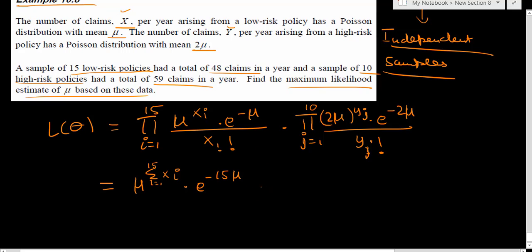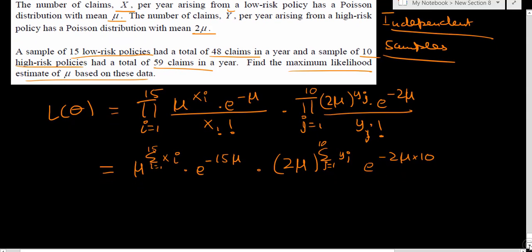Similarly, into 2 mu whole to the power of sigma j going from 1 to 10 yj, and this would be e to the power of minus 2 mu into 10, right? That would be 20 mu. Okay, so this is what I have here.